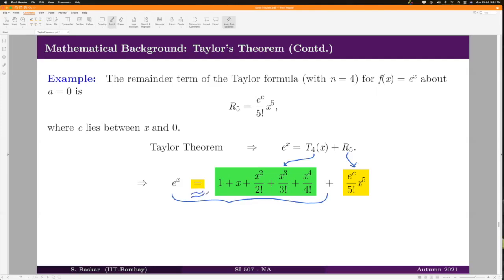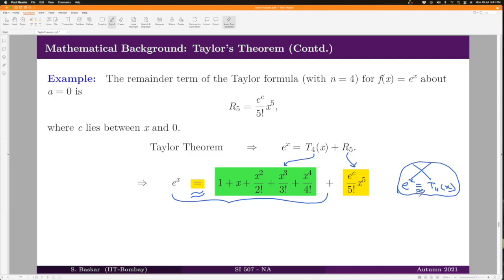In numerical analysis, you should be very clear about when you have to use approximately equal to and when you can use equal to. Suppose you write e power x is equal to P4 of x, for instance, this is a wrong statement. In numerical analysis, we cannot accept this statement. You have to write carefully that e power x is only approximately equal to.